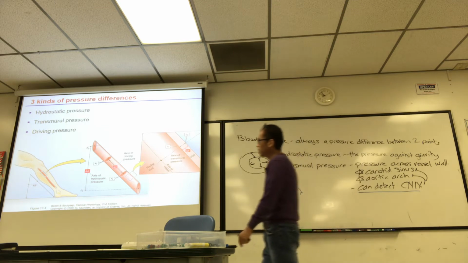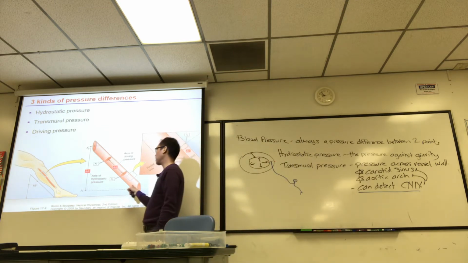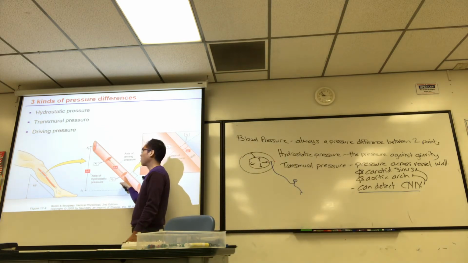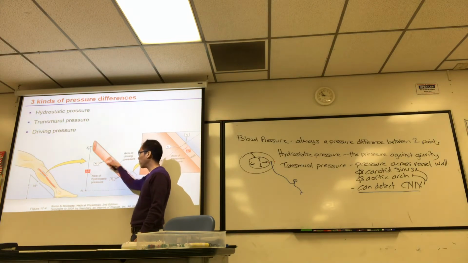Now this other one, along the central axis of a blood vessel, call this one the driving pressure from here to here.